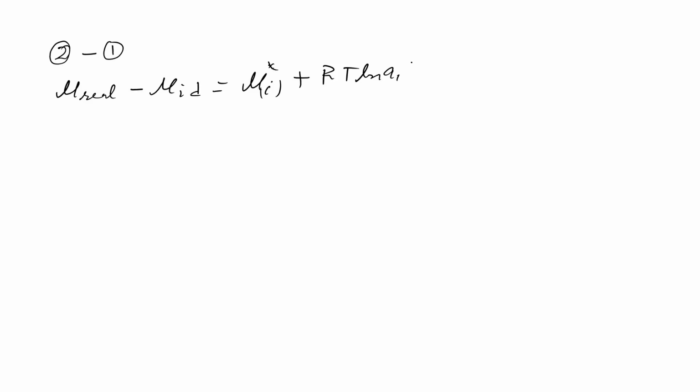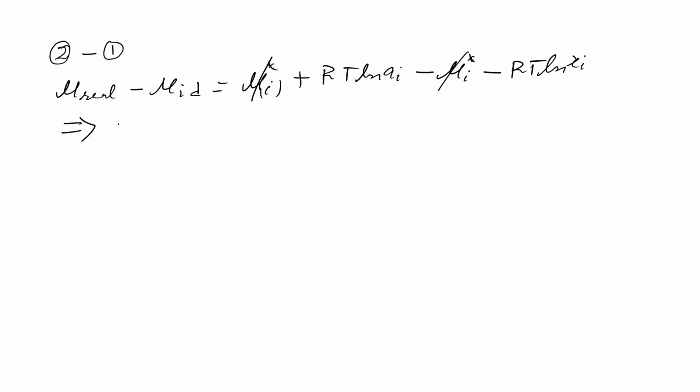Right? Next, what will we do? We'll do equation 2 minus 1. What was my equation 2? Mu real minus, from equation 1, mu ideal is equal to mu of this ith component in the standard state plus RT ln ai minus mu i in the standard state minus RT ln xi. So from here, look, the mu i star cancels.